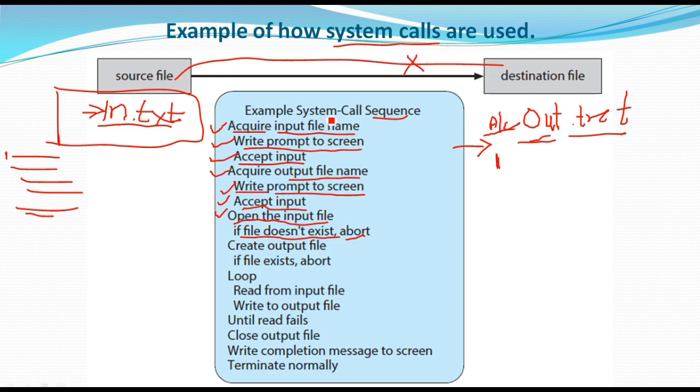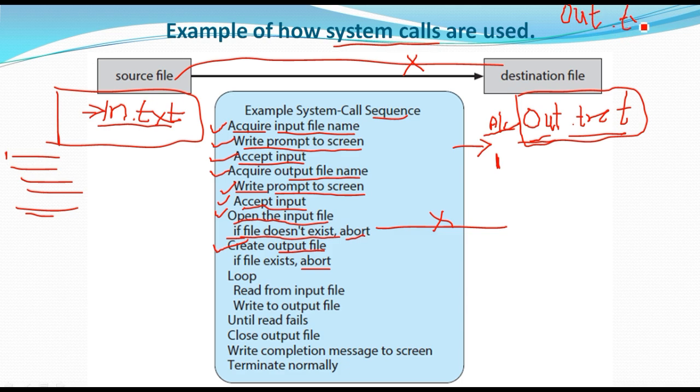Otherwise, if the file exists, the condition becomes false, then go to the next statement, that is, create the output file, out.txt. If out.txt already exists, then abort, meaning that before we created out.txt, there was already an existing out.txt file in the computer.